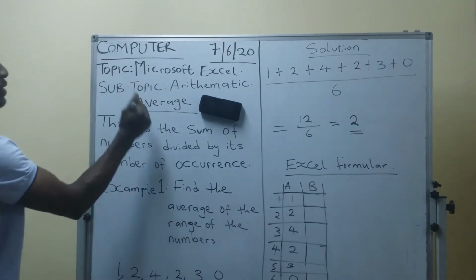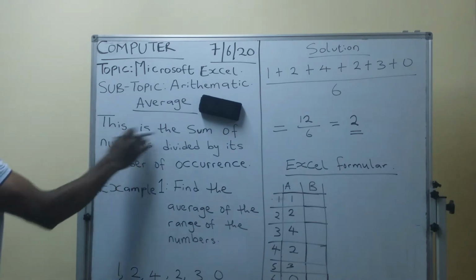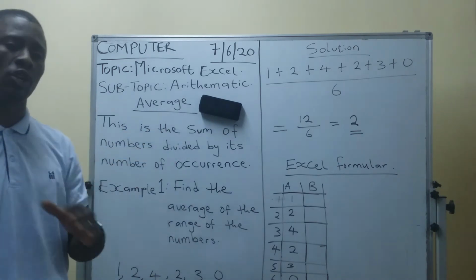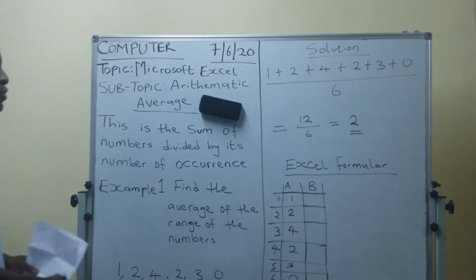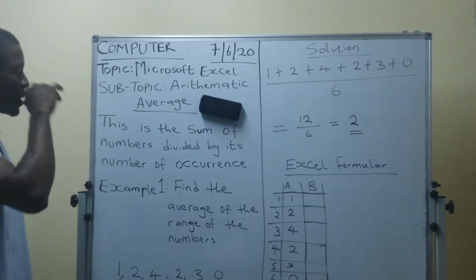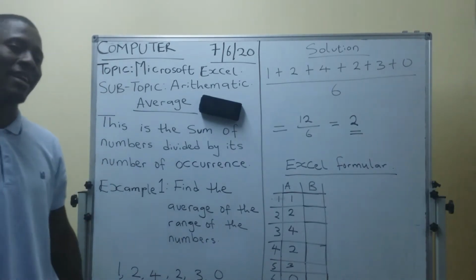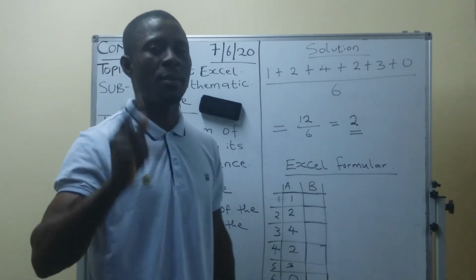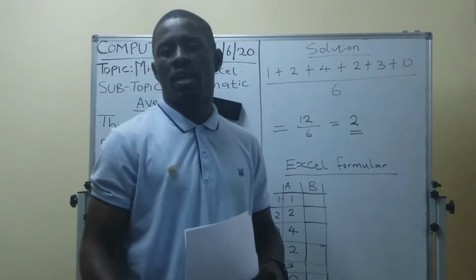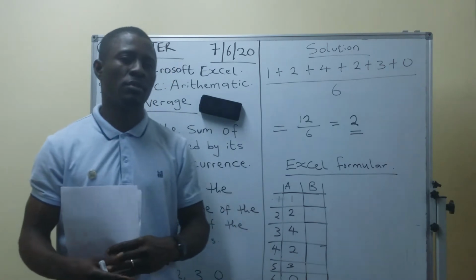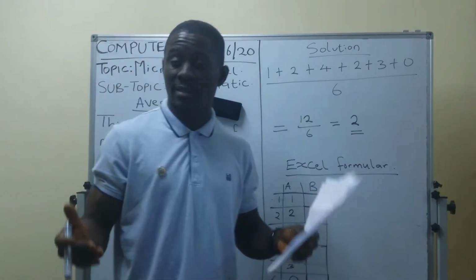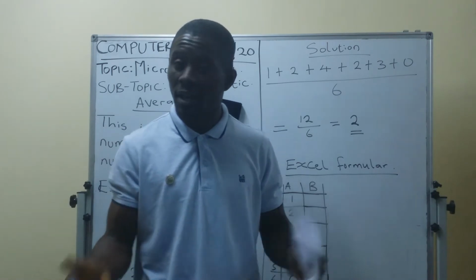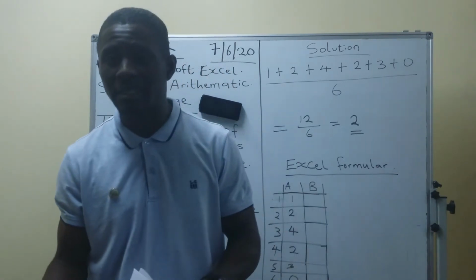So this is average. Now, what is average? I would like to give you the definition of what average is all about. Then we go into the calculation using Microsoft Excel. Microsoft Excel is very easy and simple, and it's very important to know because it is used often in all endeavors, as a receptionist, in the hospital, in banks.